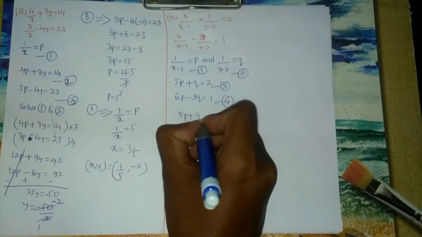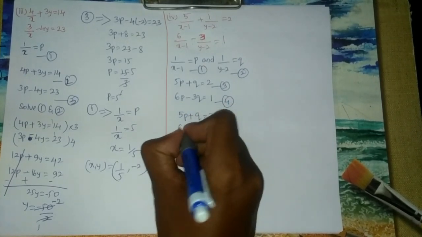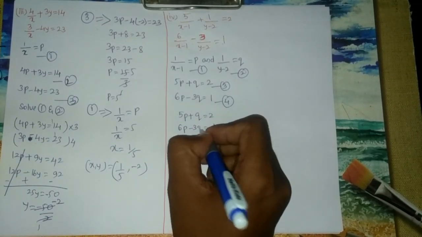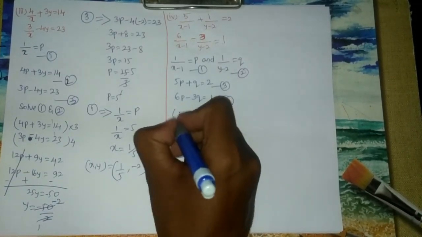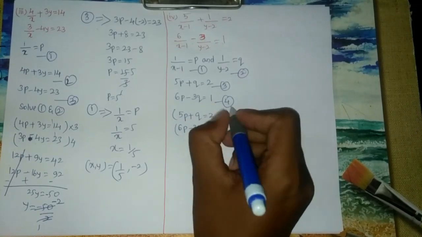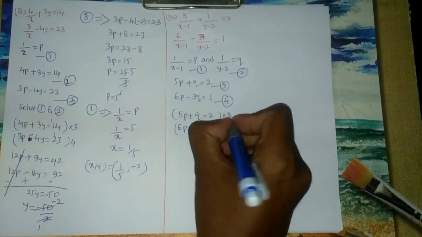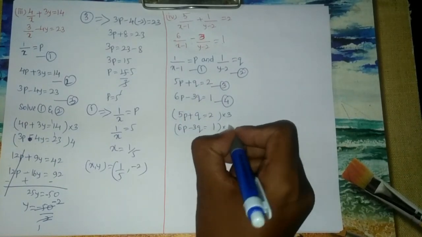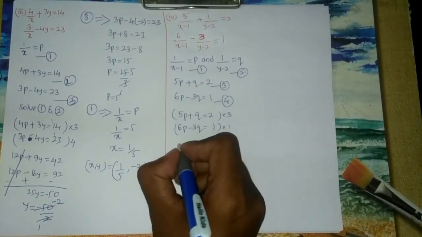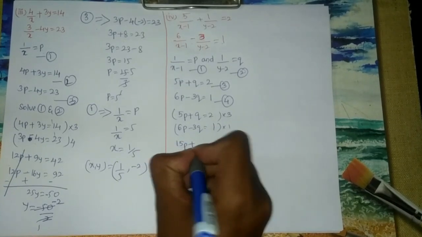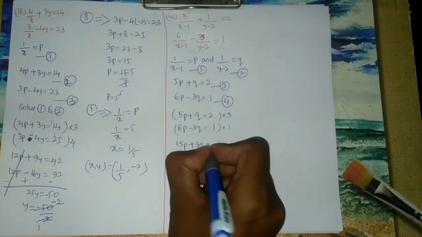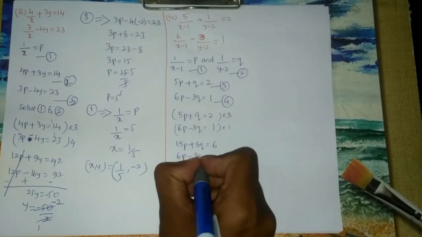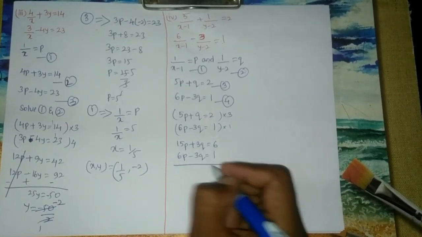In the elimination method, I will eliminate the q term, because it is very simple to eliminate q. So I need to multiply equation 3 by 3 and equation 4 by 1. So I get 3 into 5 is 15p plus 3q equals 6, and this is 6p minus 3q equals 1 as it is.